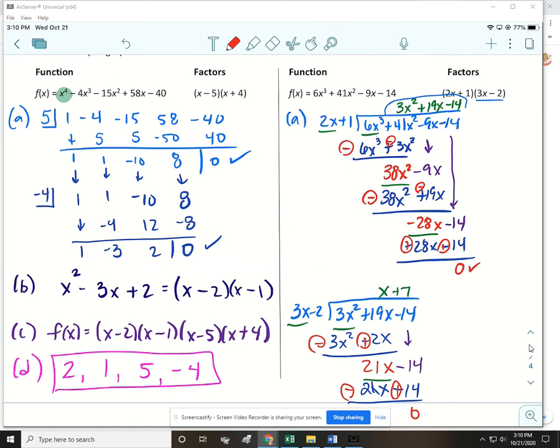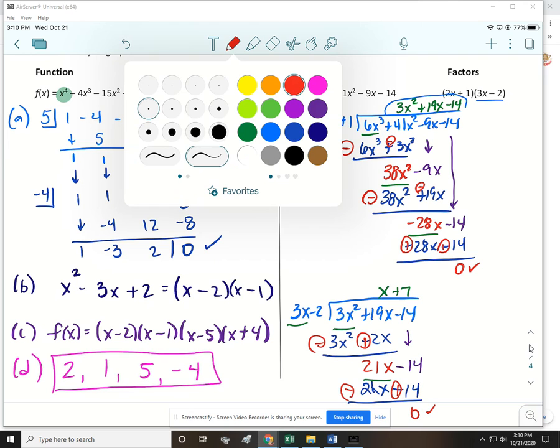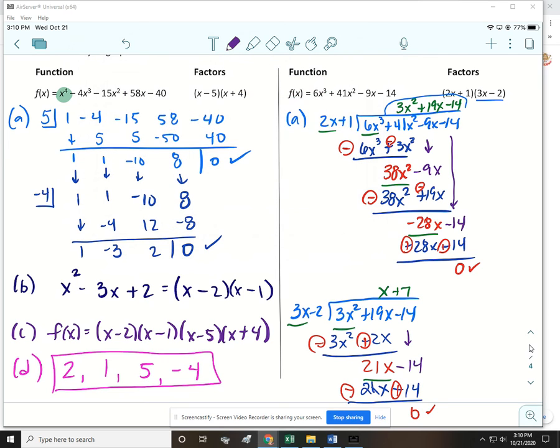All right, so we have verified both of those. All right, when we go to do the B part, it asks to find the remaining factors. Well, the only thing we have left is this x plus 7. That's your remaining factor.